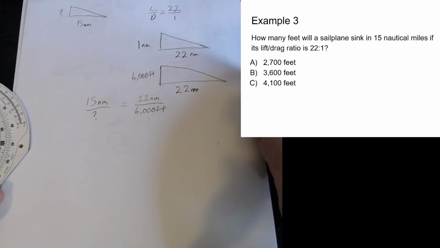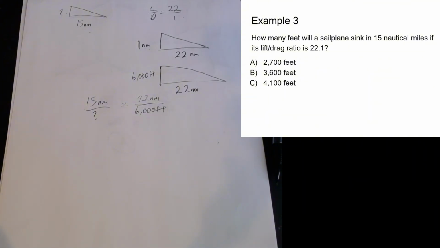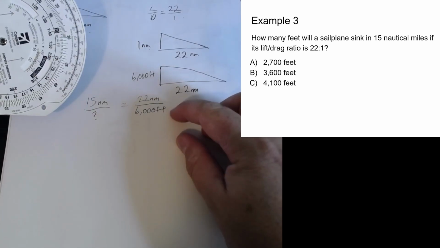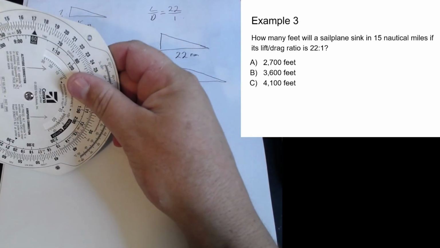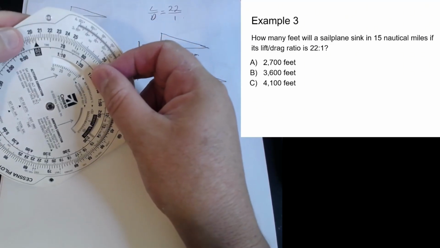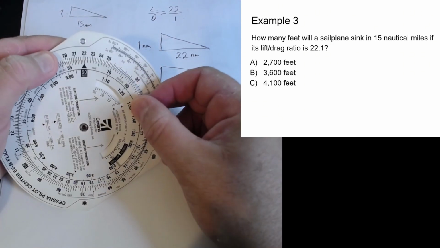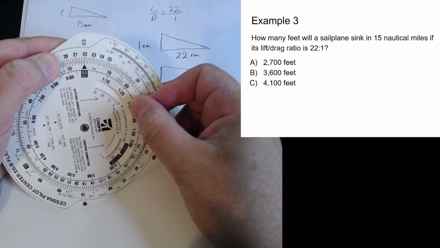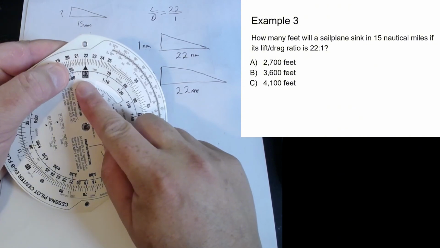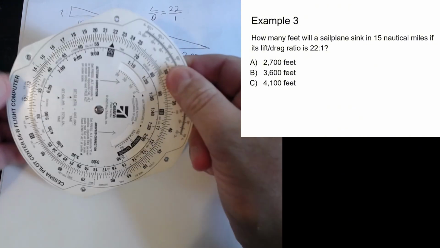So let's just set that up on our E6B now. 22 nautical miles divided by 6,000 feet, represented by the 60 there.